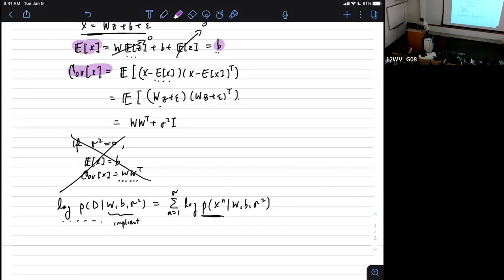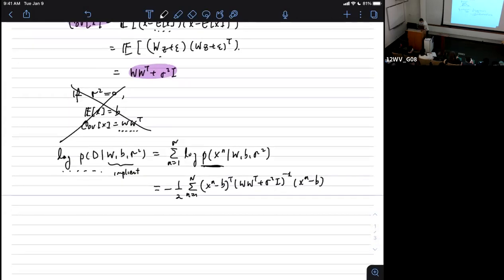Expectation is B, covariance is W times W transpose plus sigma squared I. What that means is we can write it down very carefully as minus 1/2 of xn minus B transpose, W W transpose plus sigma squared I inverse of that, times xn minus B, minus 1/2 log of the determinant of W W transpose plus sigma squared I, minus D prime log 2 pi.